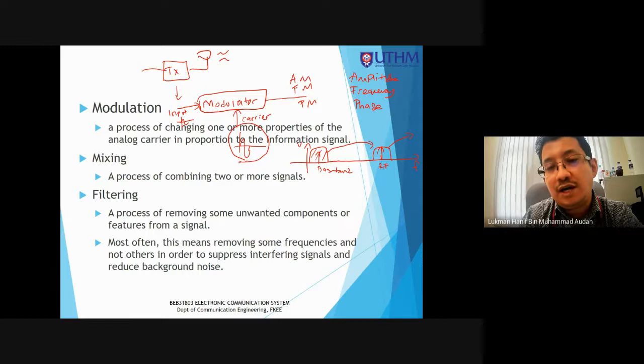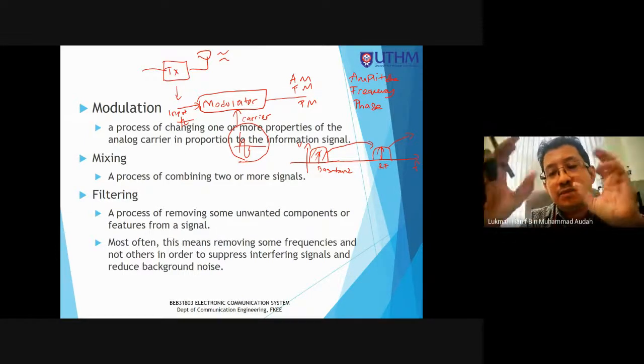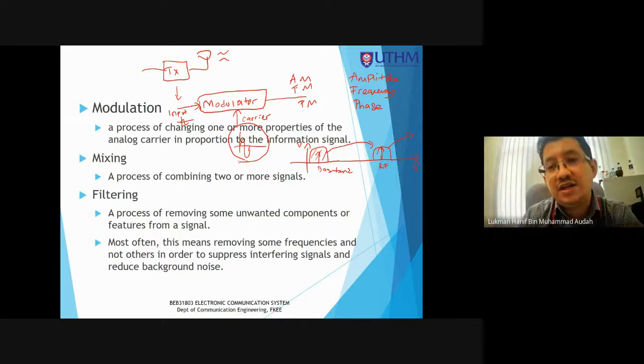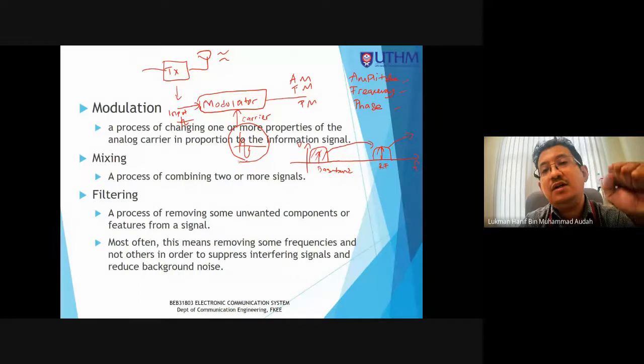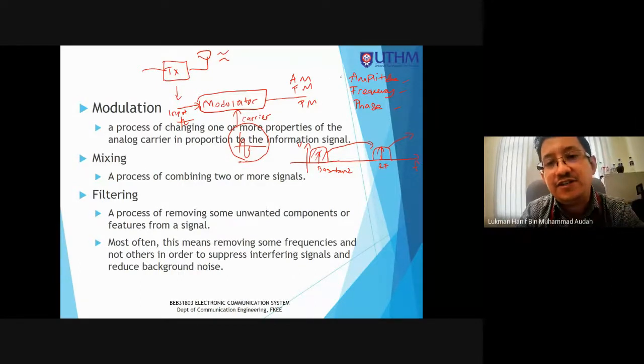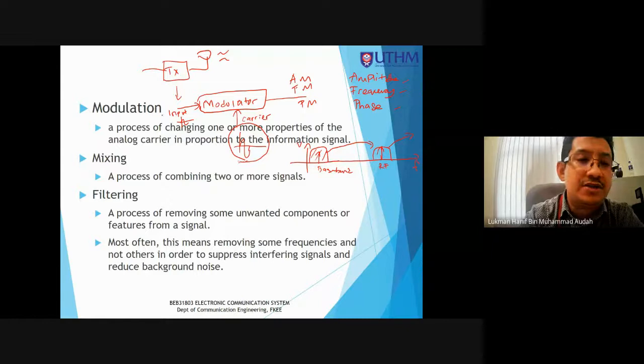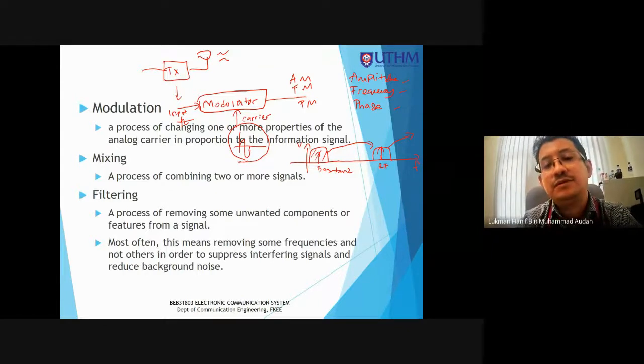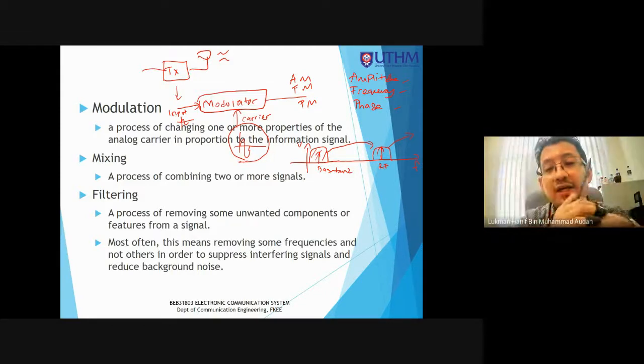So kita akan produce output iaitu mempunyai frekuensi carrier, tetapi dia berubah-ubah dari segi sifat ini berkadaran dengan input. Kita tidak menukar input, kita menukar sifat carrier. Macam mana sifat itu berubah-ubah nanti kita akan lihat dalam chapter 3 and chapter 4.